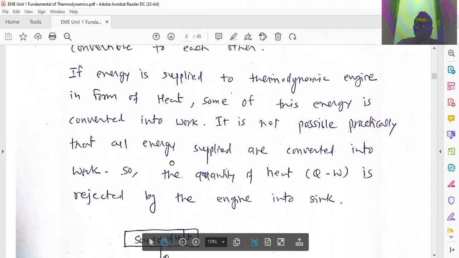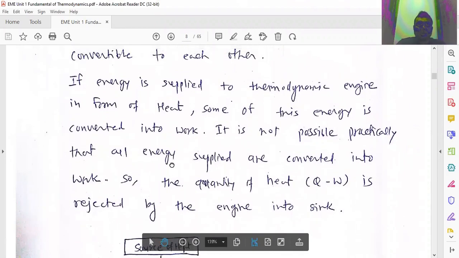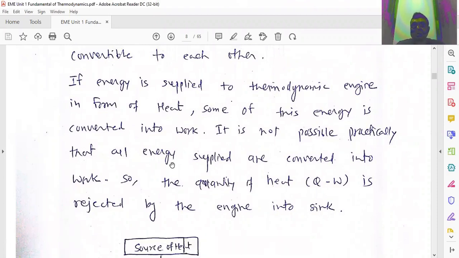Now what you have to keep in mind is the thermodynamic engine. How we can use the understanding of heat and work in a thermodynamic engine, that I will show you.